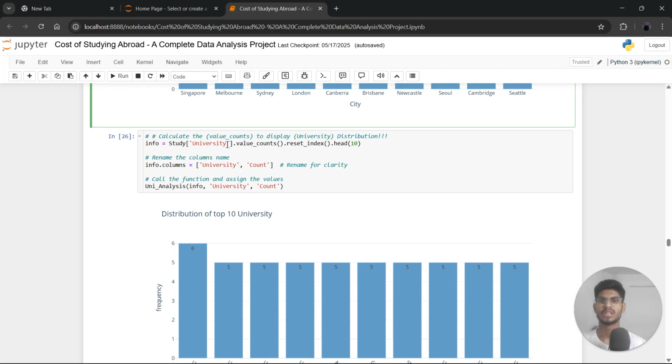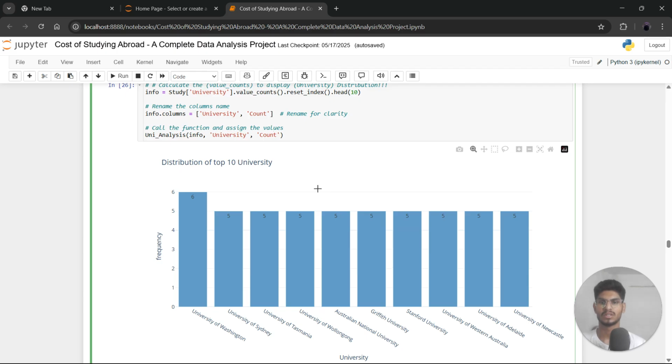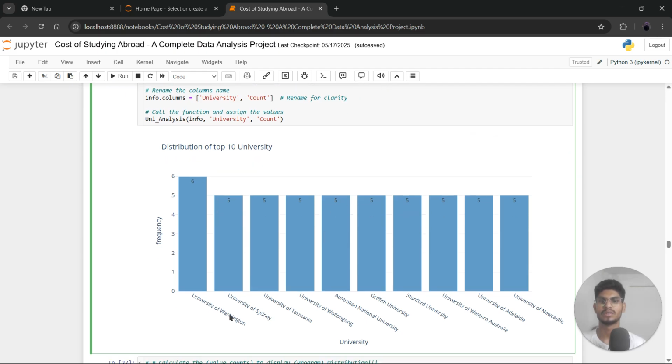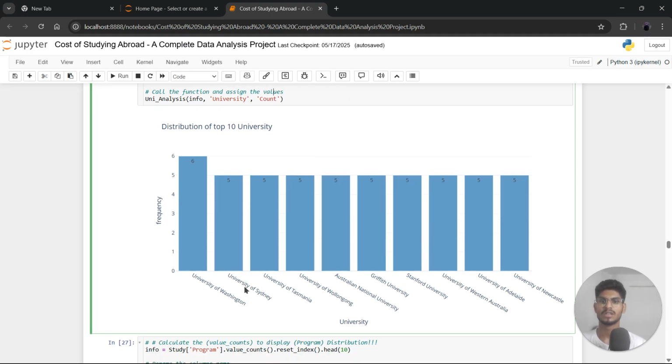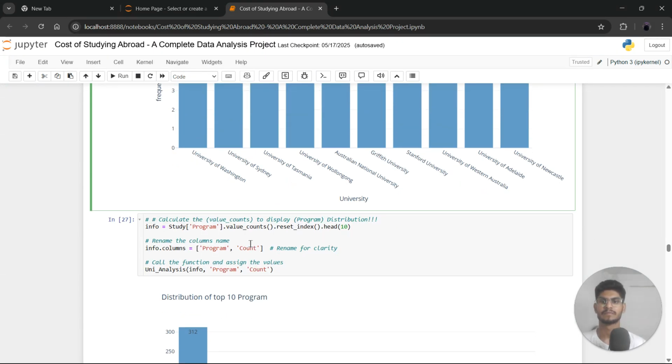Again we are using it for the university, to see which university is giving the number of programs, so we can see that the University of Washington is teaching 6 programs. University of Sydney is teaching 5, and so and so forth. You can read right here.